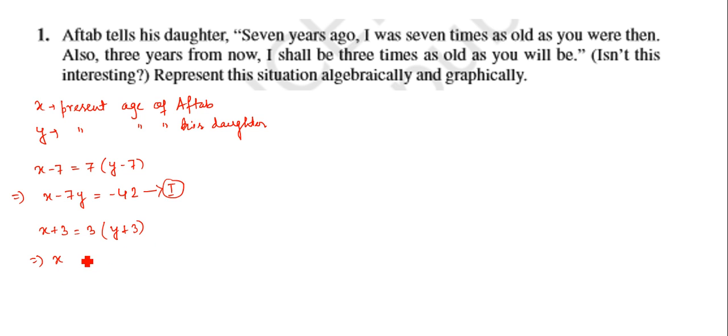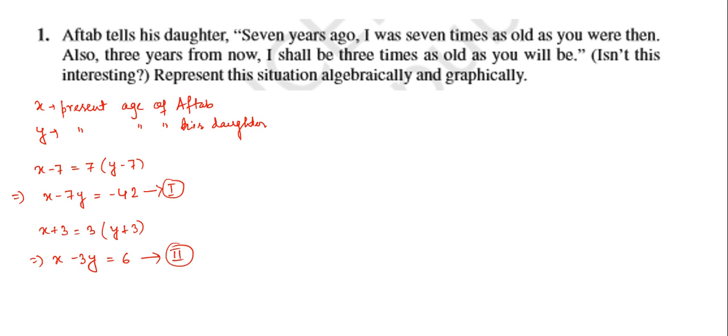Again by simplifying we get x minus 3y equal to 9 minus 3, that is 6. So this is equation number 2. These two equations are the representation of this situation algebraically.